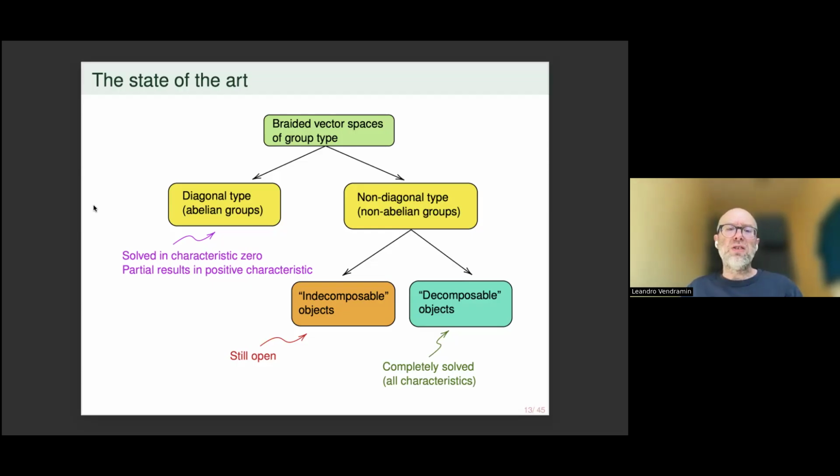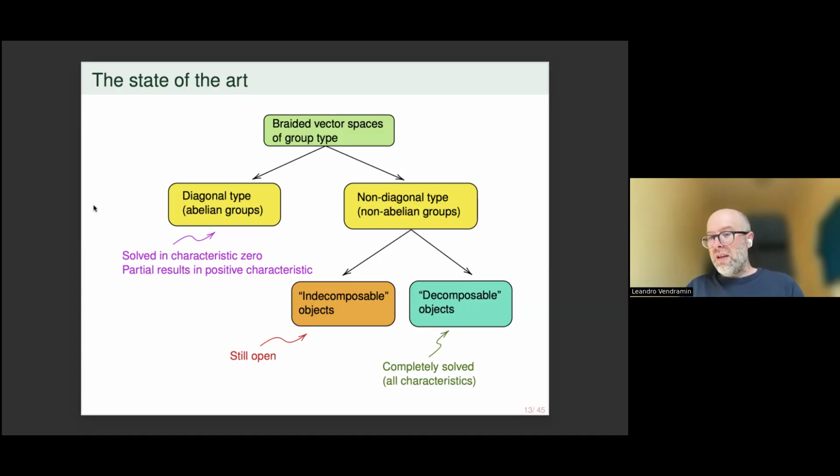In the case of braidings of diagonal type, the classification problem is solved in characteristic 0, and there are some partial results in positive characteristics. In the case of non-abelian groups, again, there are two subcases to consider. Either you think that your braided vector space admits a decomposition, whatever it means, or it doesn't.